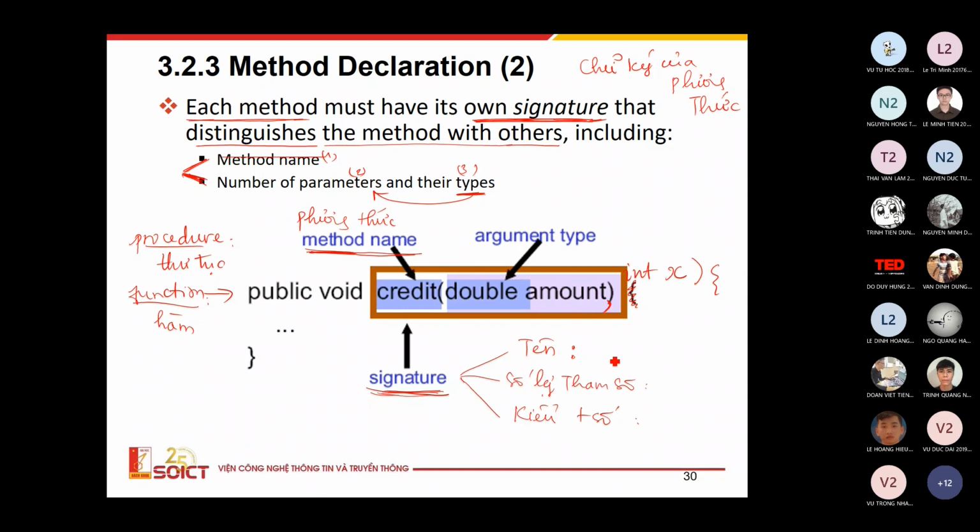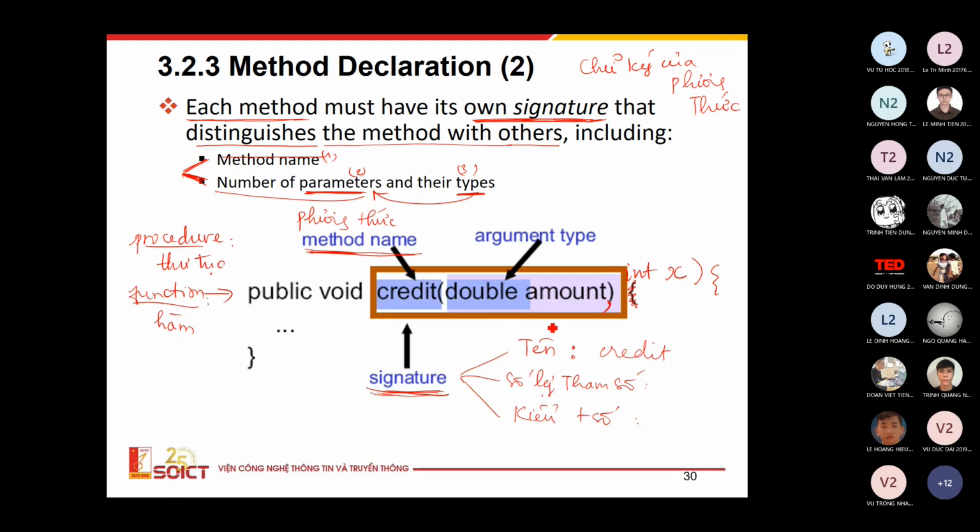The signature, the name is credit. The number of parameters, it is in the slide already, number of parameters.